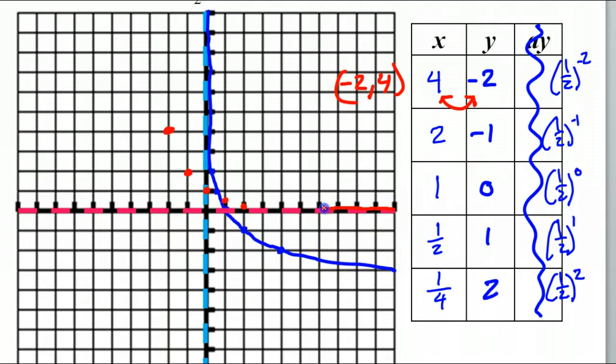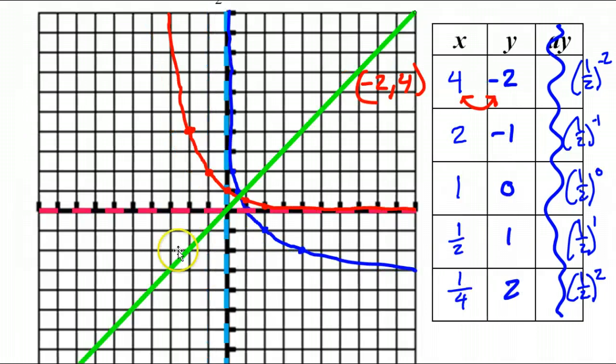Over here it's going to appear to trace this asymptote. Okay, so your graph should look something like that. Once again, notice that if you imagine a diagonal line, the line y equals x, the double image of these two graphs are like mirror images of each other.